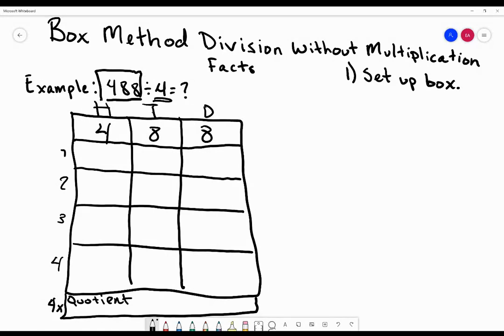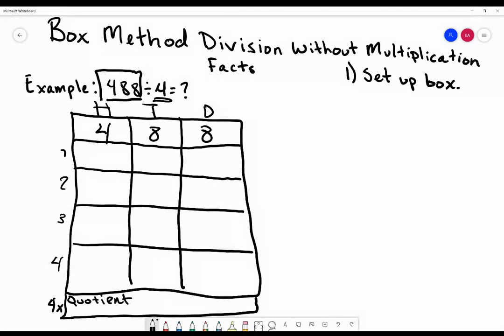If, when you check your work, you do not end up with the answer 488, that means that you made a mistake somewhere in the box method, and you will need to rework the problem or double check your multiplication and see if you made any mistakes there that caused you to end up with a different number.